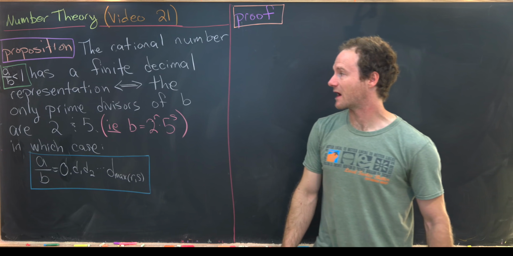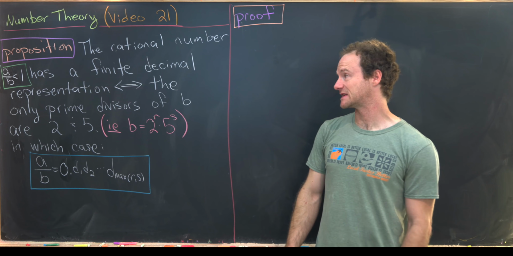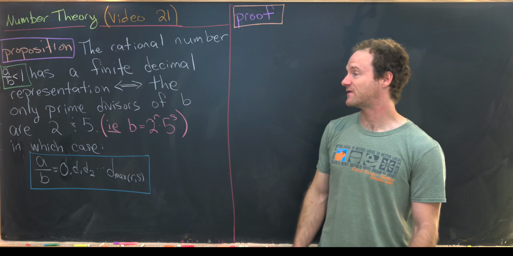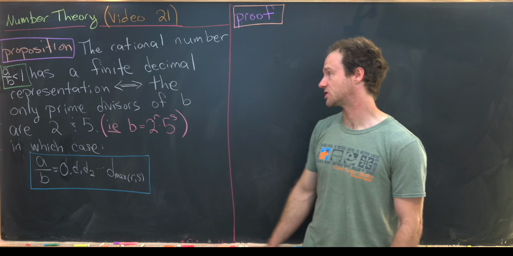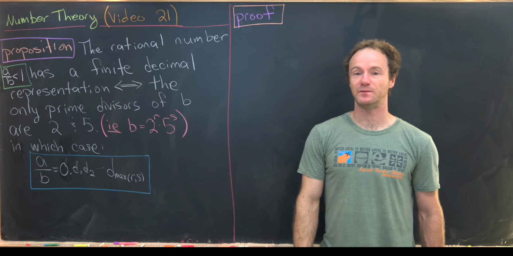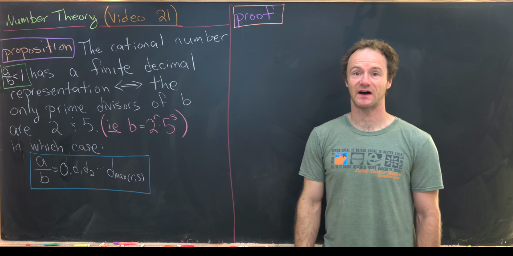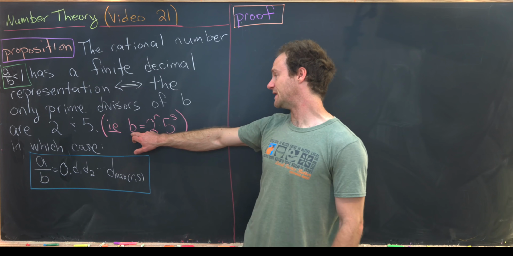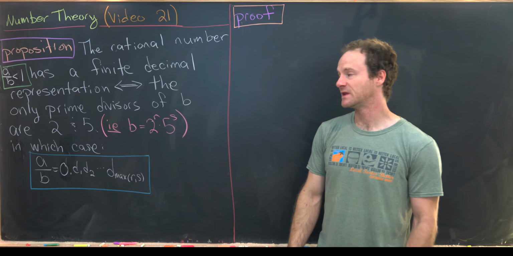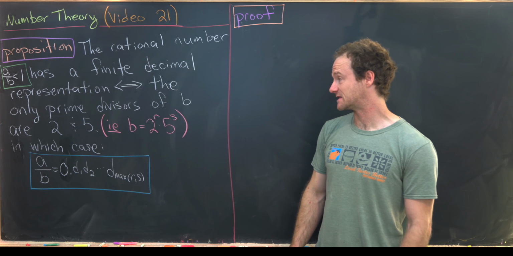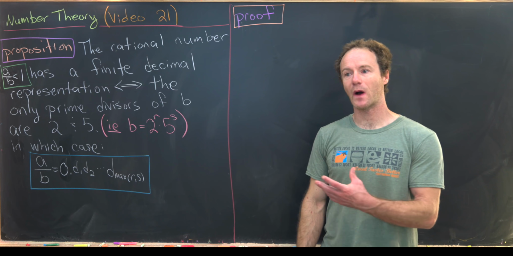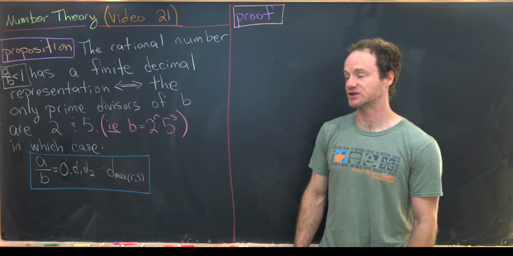The rational number a over b, which is less than 1, I should say that it's also bigger than 0, has a finite decimal representation if and only if the only prime divisors of b are 2 and 5. So in other words, b has the form 2 to the r times 5 to the s. And in fact, if we're in that setup where b is of this form, we actually know how long the decimal expansion is.